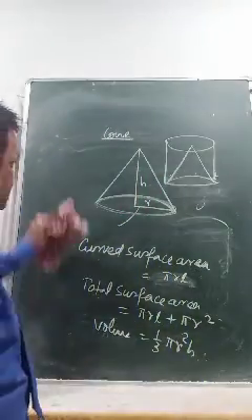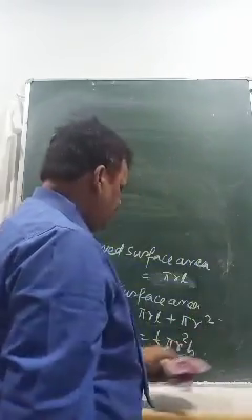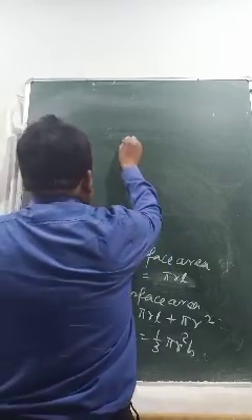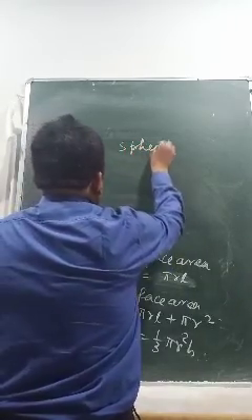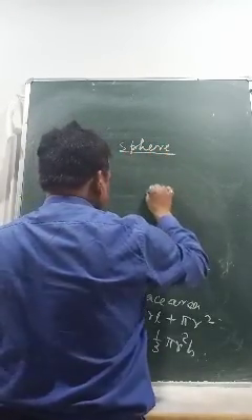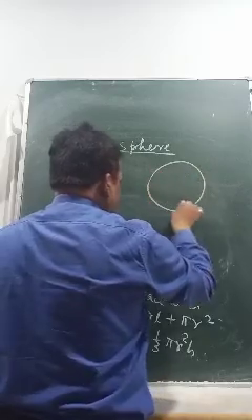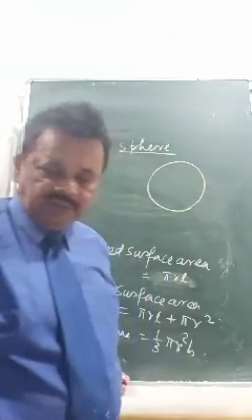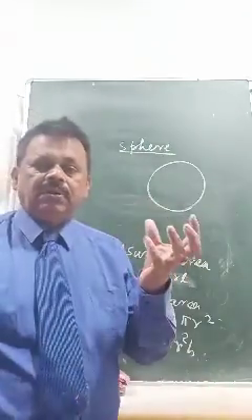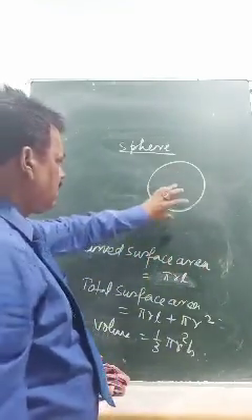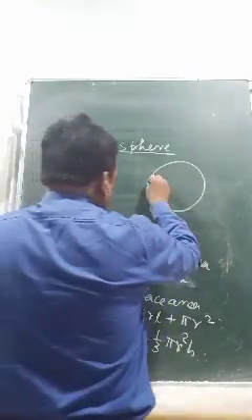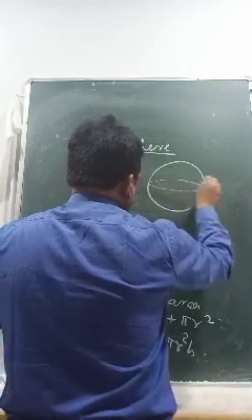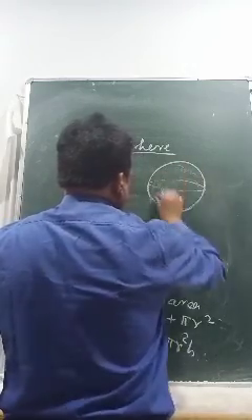Okay, then comes the sphere. Sphere means just like a lemon, you imagine. A sphere is like this. This is a circle, but when it is a solid figure, you imagine a ball or a lemon. Then you find this is a sphere.